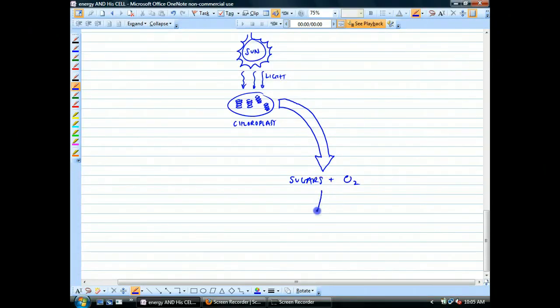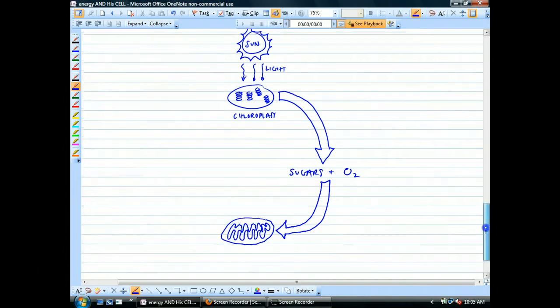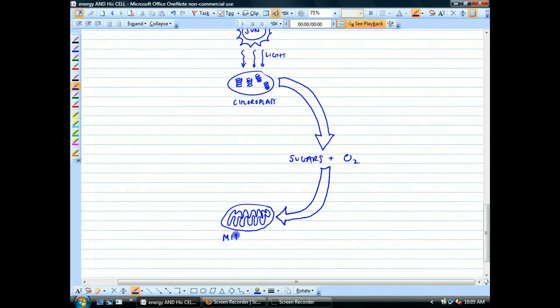Now, those things come down here, and they go into the mitochondrion. Now, the mitochondrion kind of looks like this. It's got all these folded up membranes inside of it. So this is the mitochondrion.